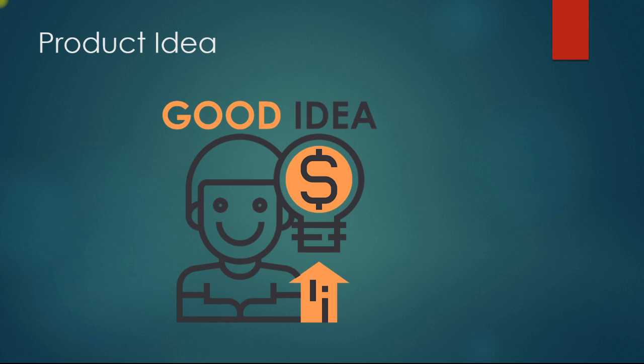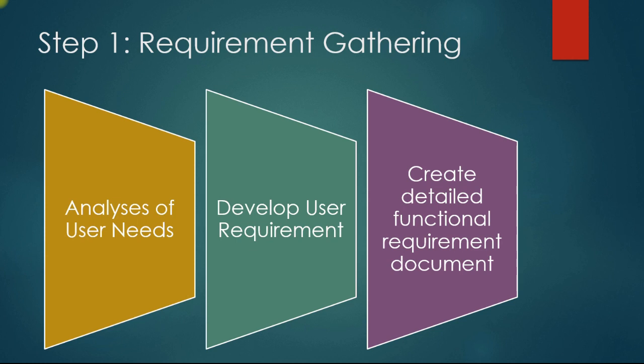So you decide to develop this product, but you don't have the skill sets. So you may approach a software consulting firm, or you develop your own IT organization. In whichever case, you need a team who can understand your idea, create the software from it, and then deliver it to the users. So the first step is requirement gathering.